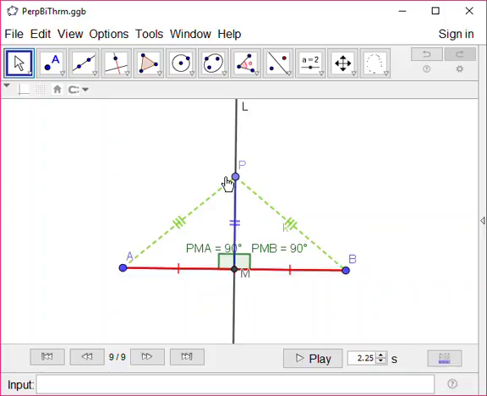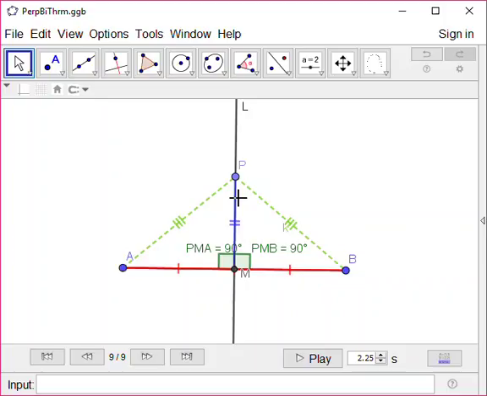Now, let's do the opposite. Suppose that AB is a segment and P is a point that is equidistant from the endpoints of AB. Then P lies on the perpendicular bisector of AB.